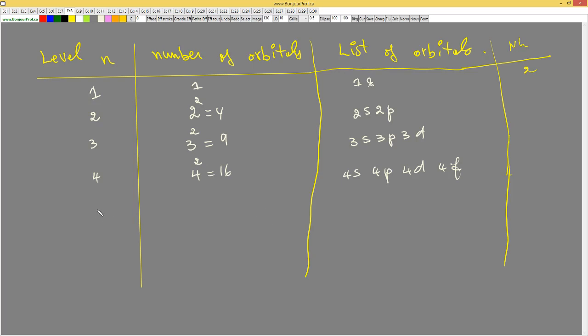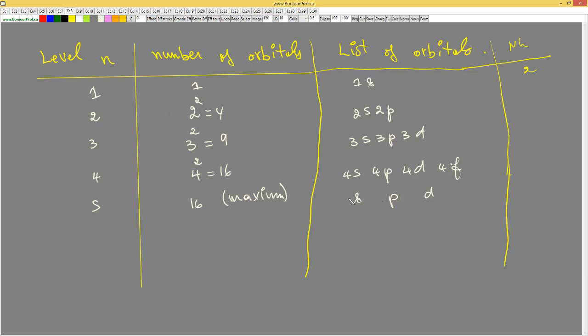Okay. If I have level 5, I will also have 16, because it is the maximum number of orbitals. We're going to know why. I am on level 5.